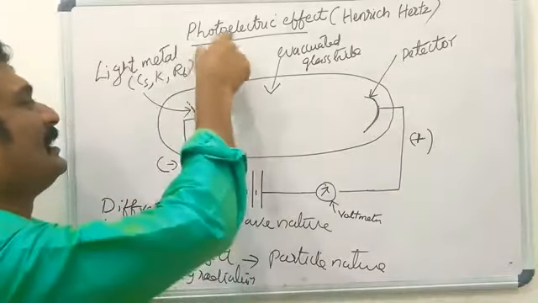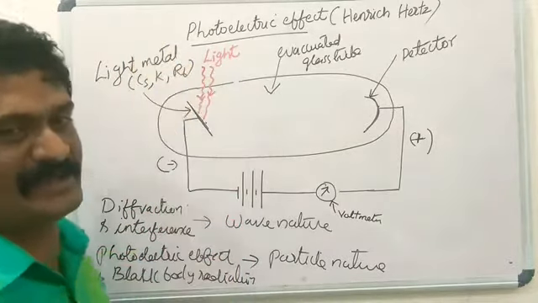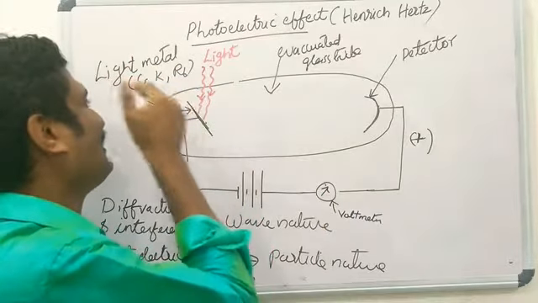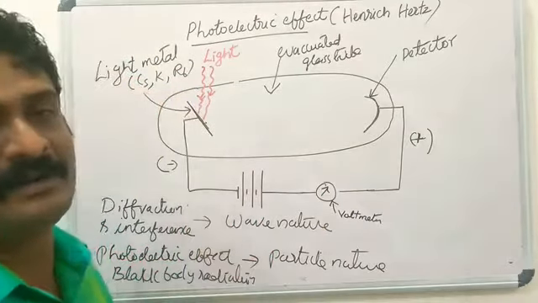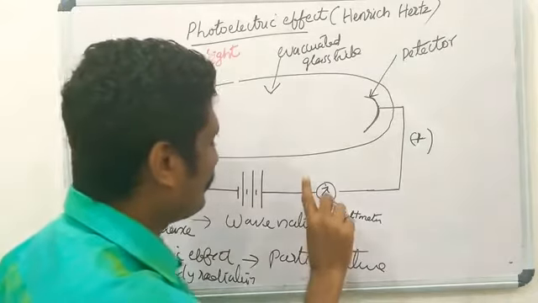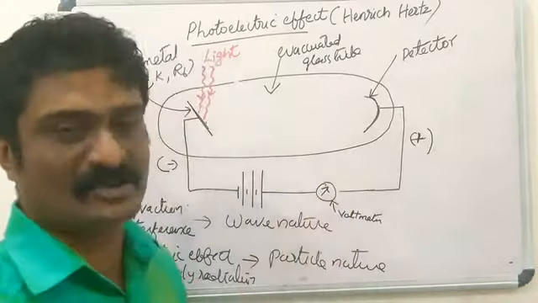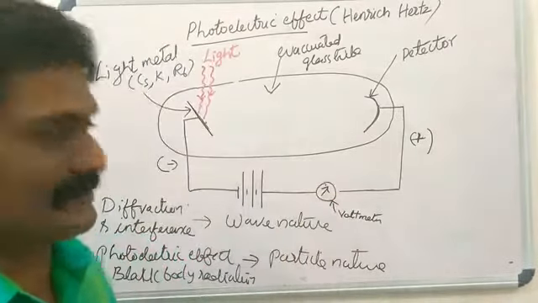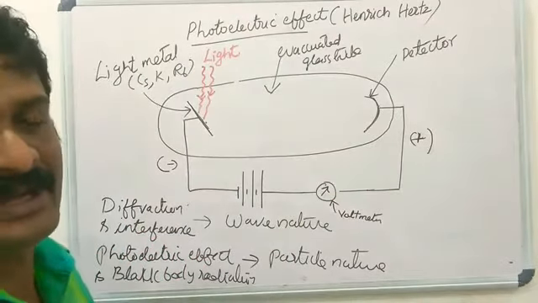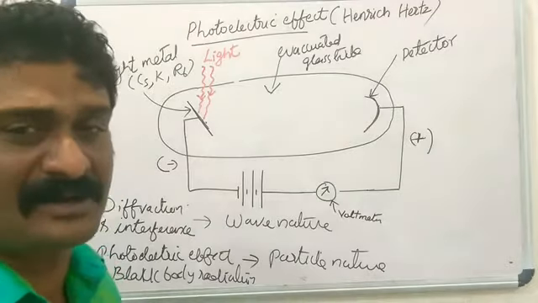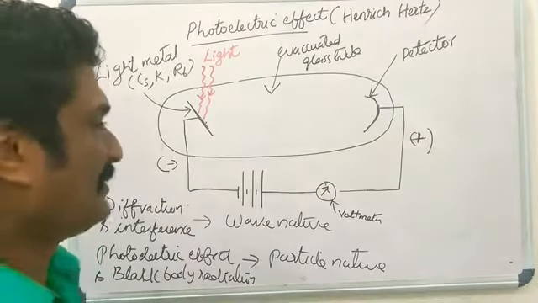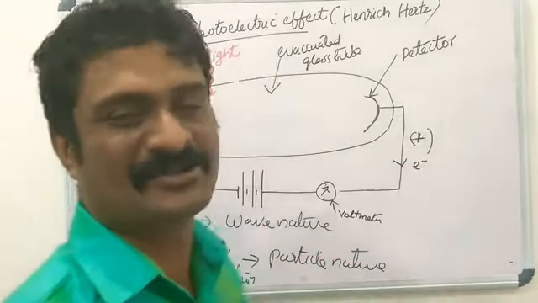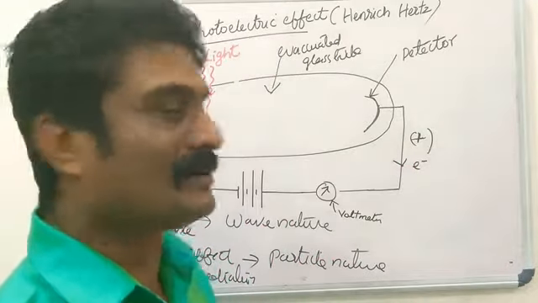When light of suitable frequency falls on this light metal, Heinrich Hertz observed deflection in the voltmeter. Okay, on the basis of this observation, he concluded that flow of electrons, that means electric current, flows through the circuit.